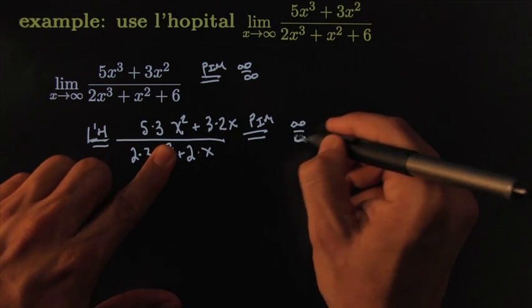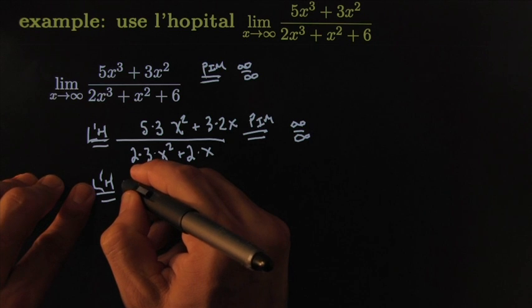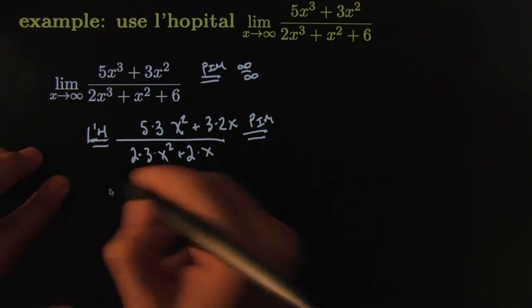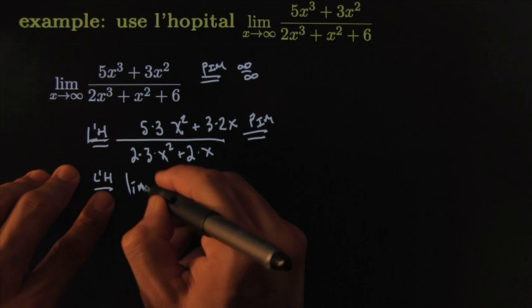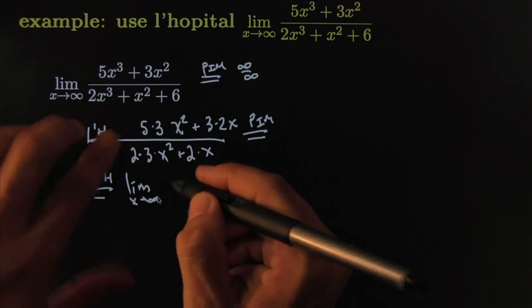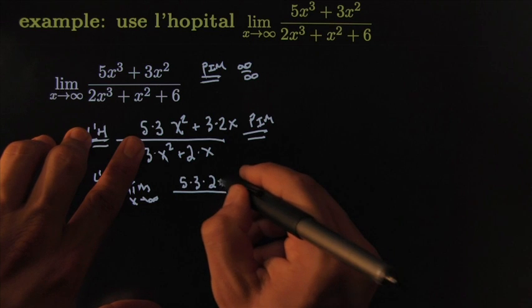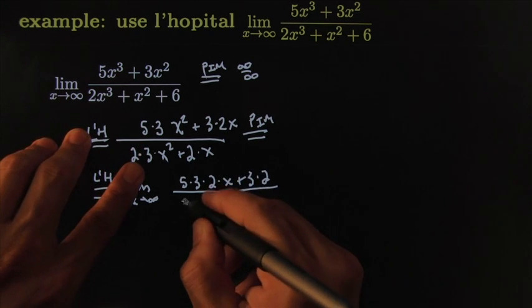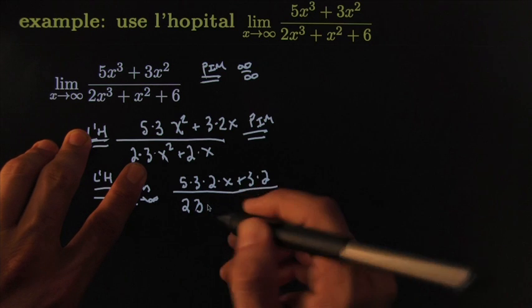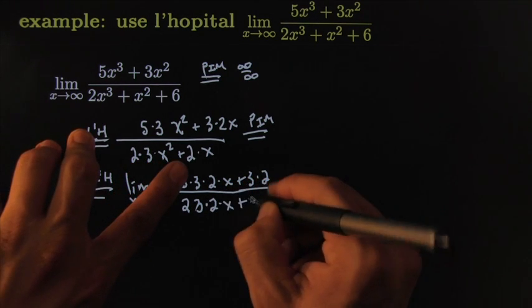Of course I get infinity over infinity again, so I try L'Hopital again, and that would be the limit as x approaches infinity of 5 times 3 times 2 times x plus 3 times 2, all over 2 times 3 times 2 times x plus 2.